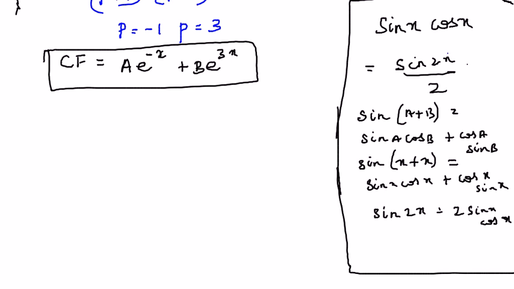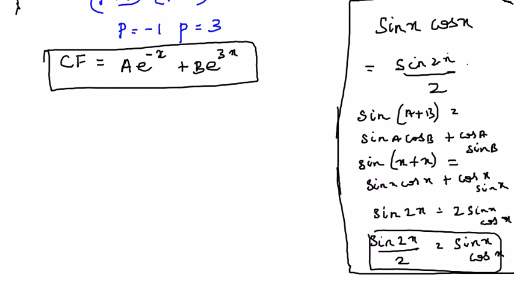Please don't mind my handwriting. Therefore you get sin 2x by 2 is equal to sin x cos x, right? So that's exactly what we are going to substitute here. So you know that sin x cos x can be written as sin 2x by 2. So let's get started with the particular integral, right?